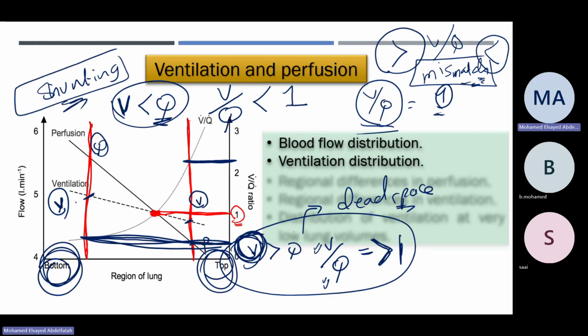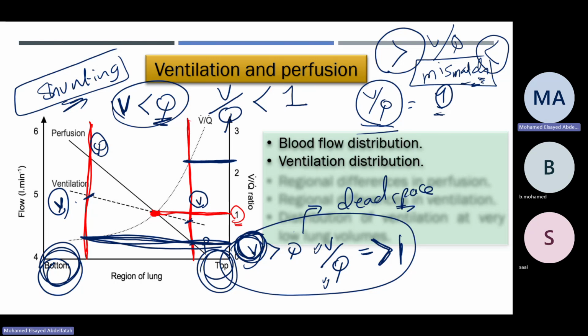Okay? So physiologically, VQ ratio is around 0.6, 0.7. The examiner will ask you why it is not 1, because there is physiologic dead space at the apex of the lung and the airways that we'll talk about in the next topic.